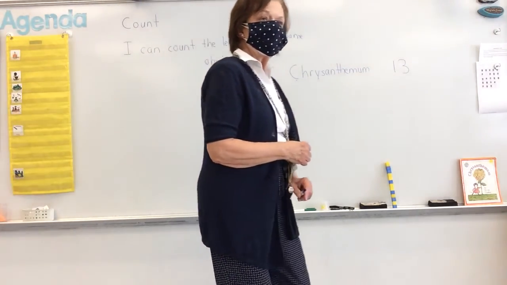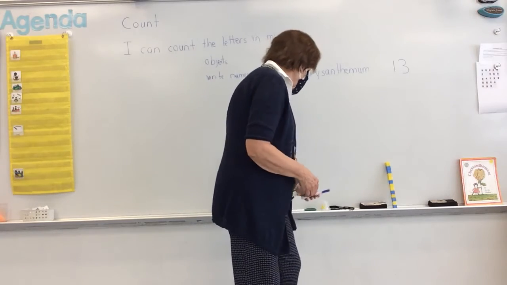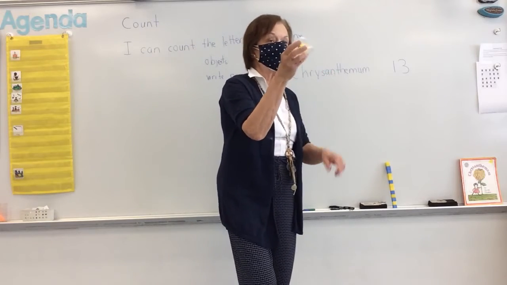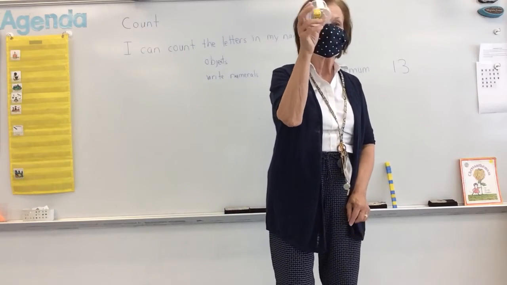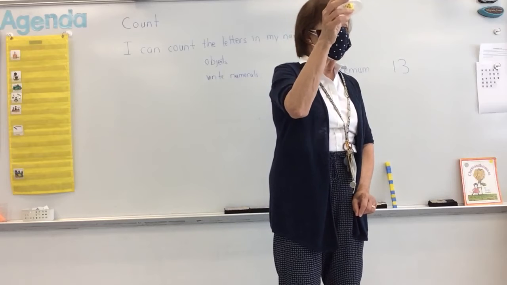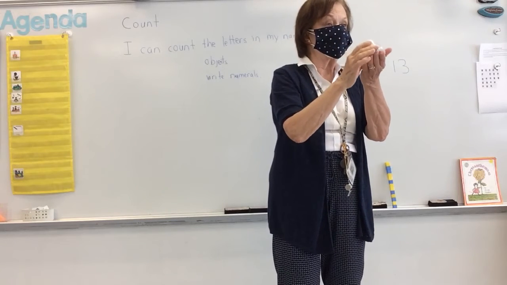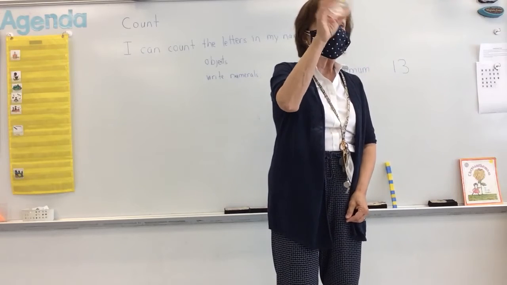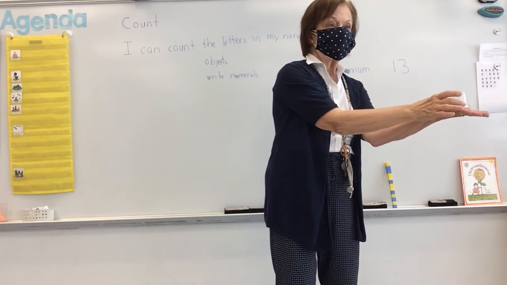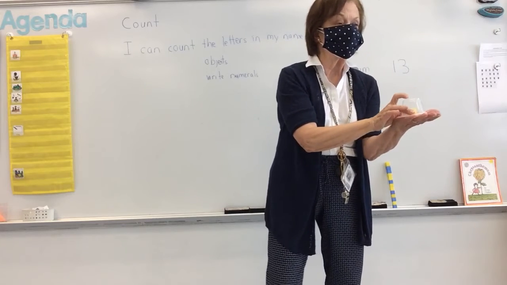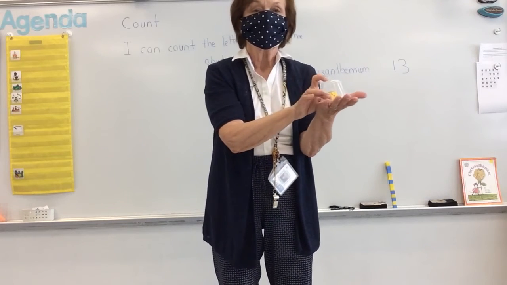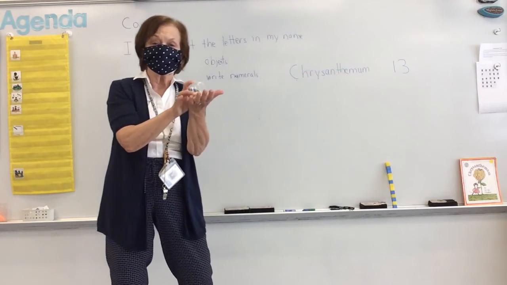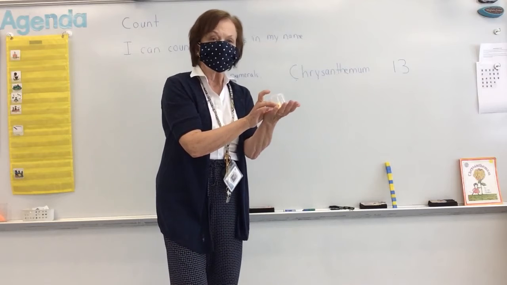Then the next step, and this you can do several times. Now you have this. We don't open it. Remember, this is not to open. It's not a holder for your die. It is a shaker. You shake it, turn it over and put the top down, and look at the number of dots on the die. What is the number of dots on your die? Write that number on your board. I rolled a 5.